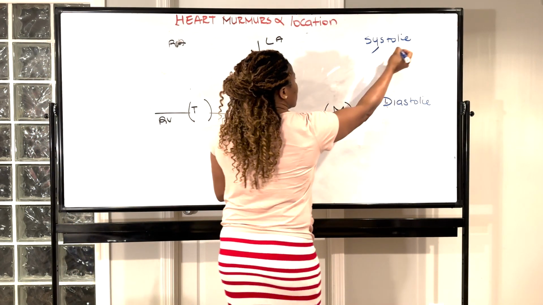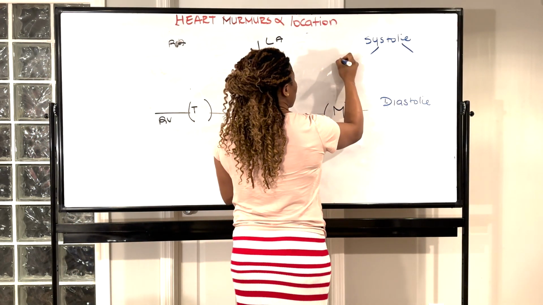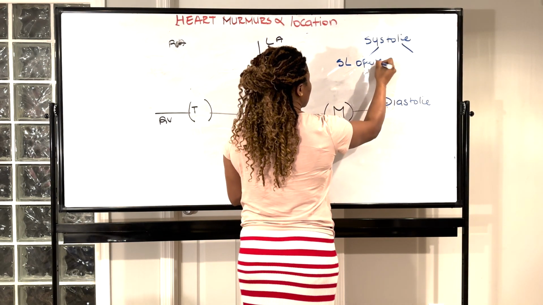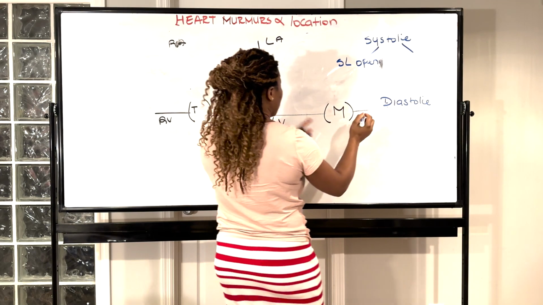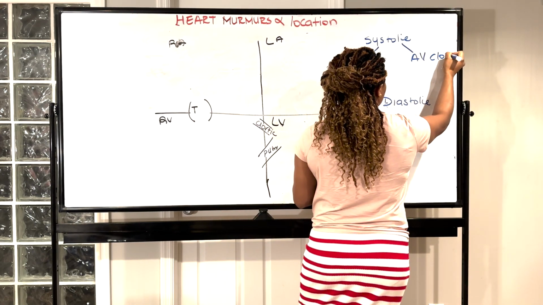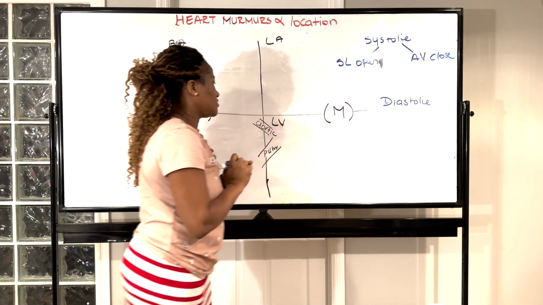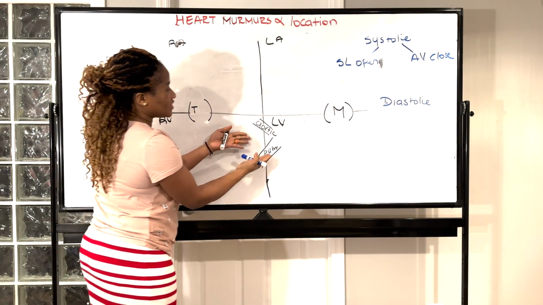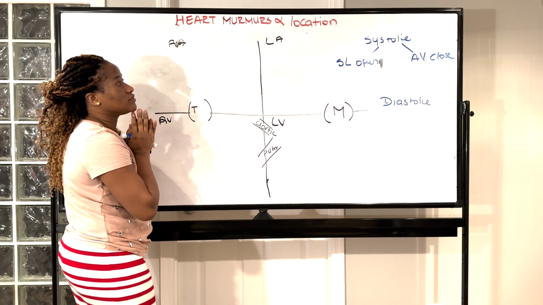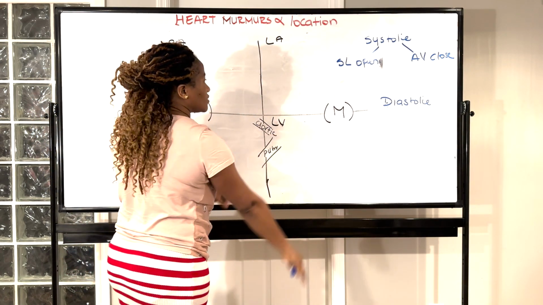So during systolic, our semilunar valves should be open and the AV valves should be closed, right? SL valves, aortic and pulmonary, are open during systolic, pumping the blood out, and these two are closed.